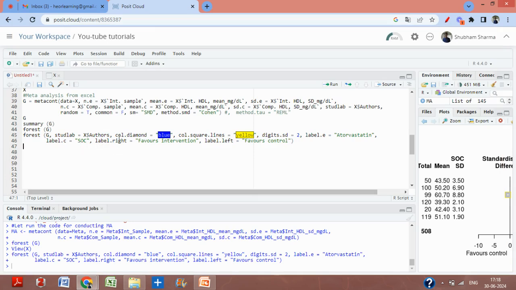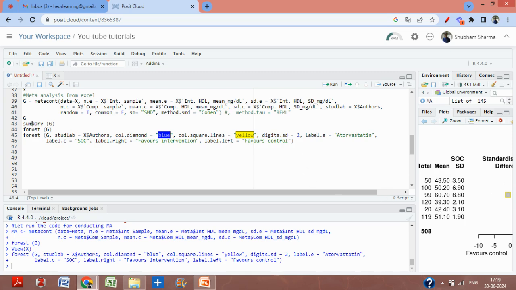But to give you a short description, we added three things which are highlighted over here, which we were not able to do in the previous video: reducing the number of digits after the decimal, giving labels, and reporting whether it favors the intervention or favors control below this forest plot.